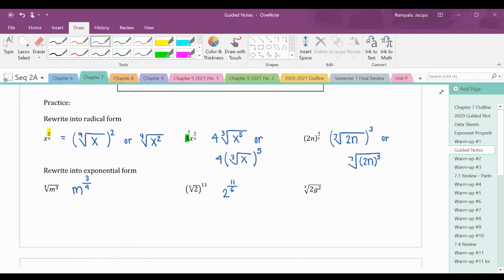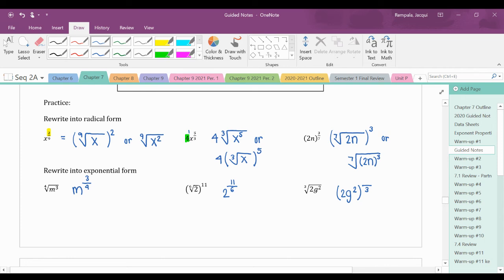All right. Notice that in this case, we have 2g squared under the radical. So 2g squared is going to be the base. But because they both are going to be the base, there's got to be parentheses around it. Notice that my index is a 3.